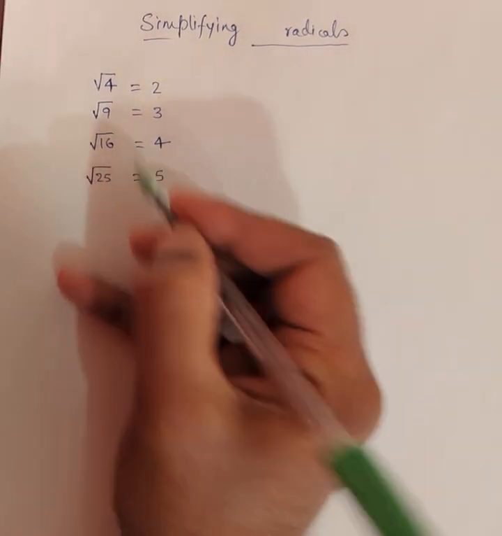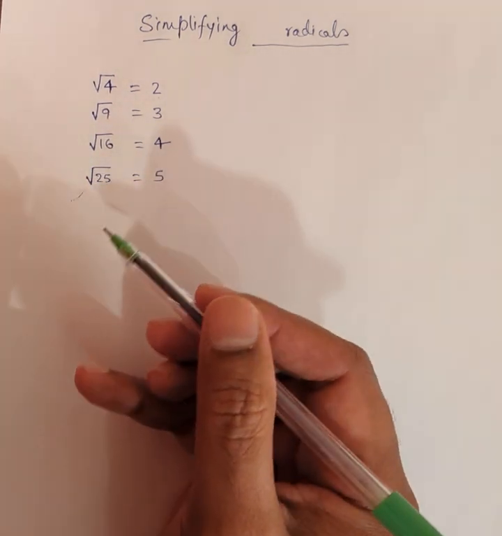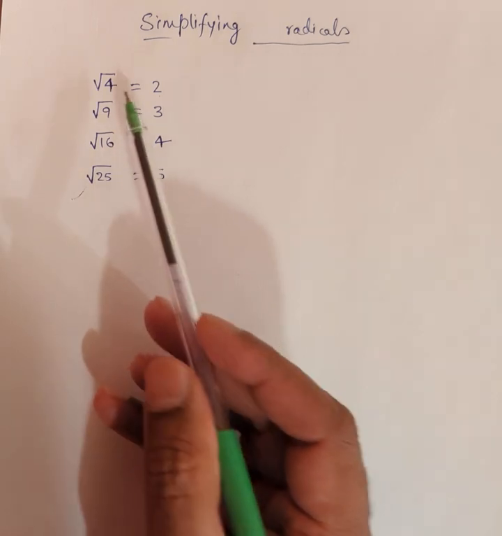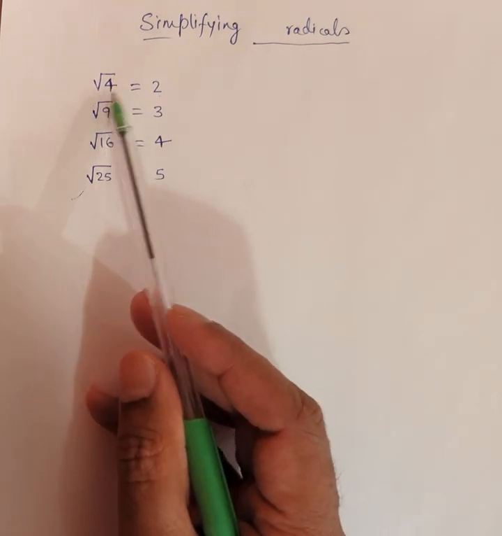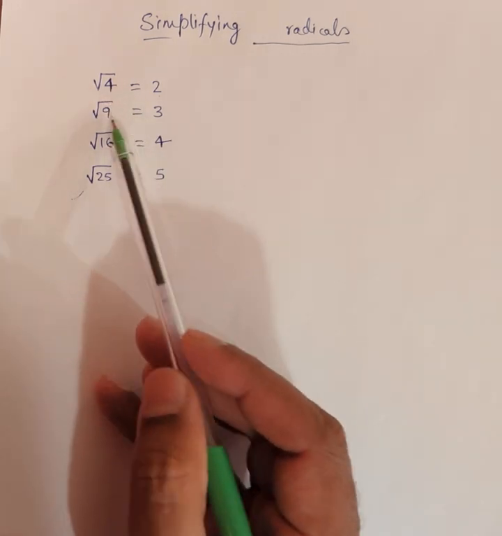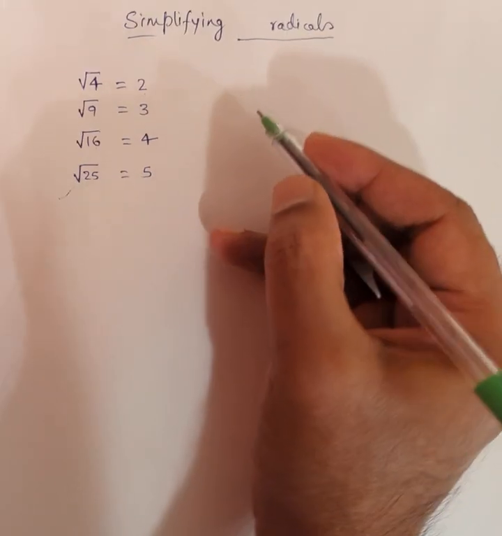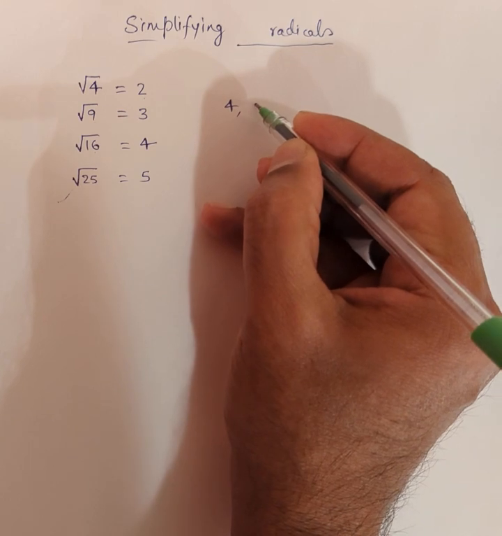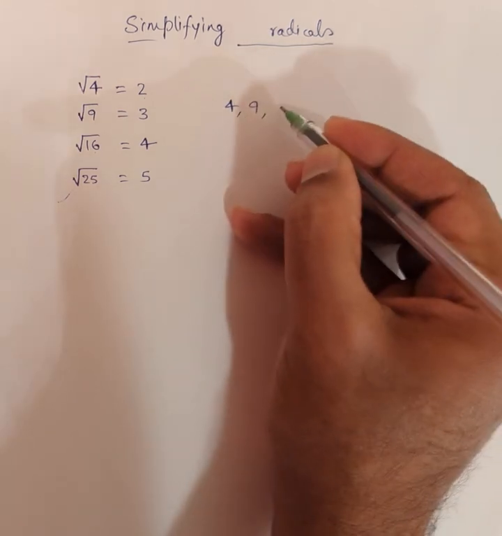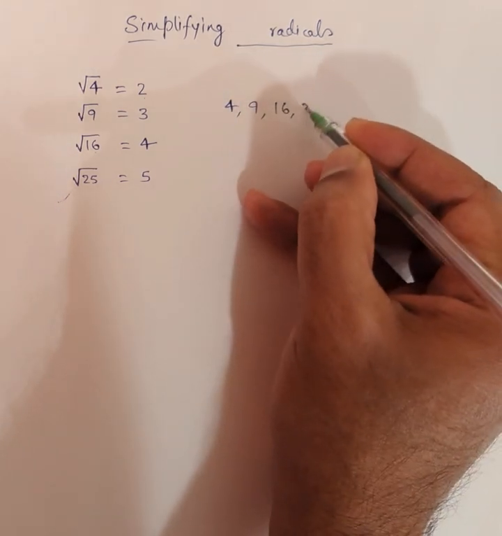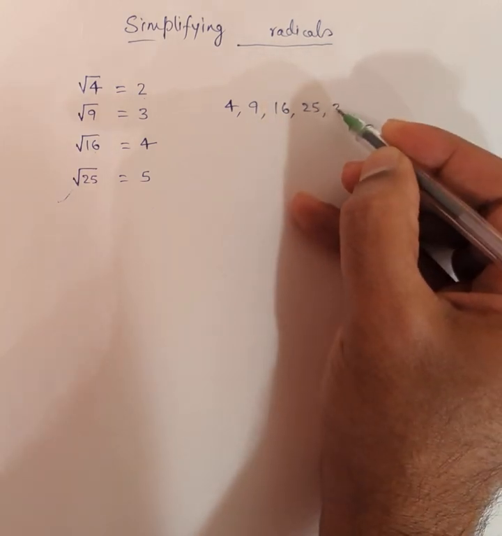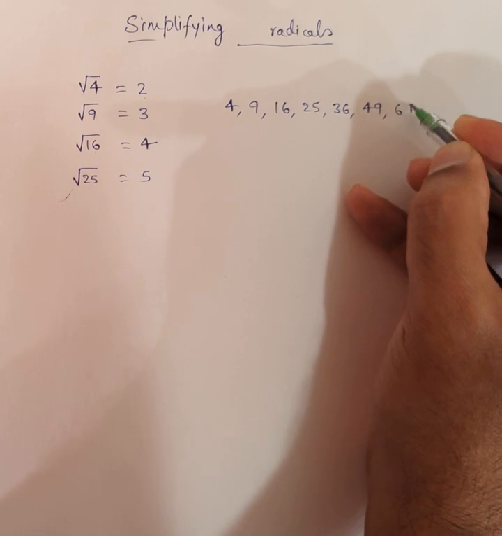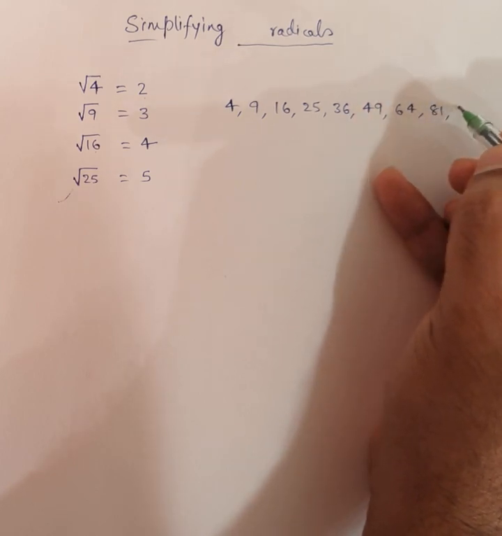So these numbers, 4, 9, 16, 25, 36, and so on, these are all nice numbers. They all have perfect square roots because these are perfect square numbers. So what are the square numbers? Well, if you ignore the 1, 4 is 2 square, 9, 16, 25, 36, 49, 64, 81, 100.